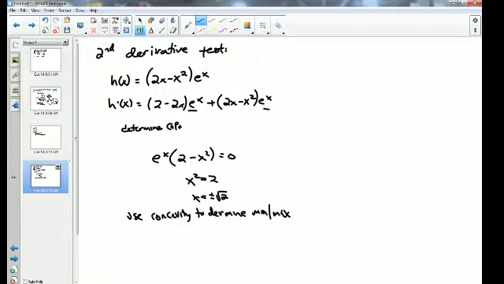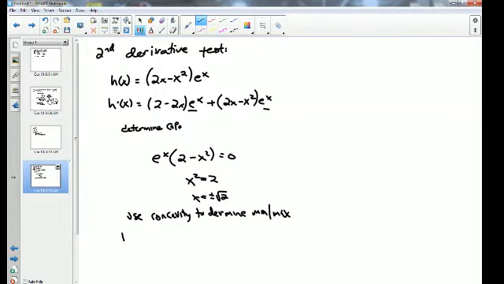That's what I would default to. But sometimes they'll give you the second derivative and they'll give you the critical points. And you can't do a sign analysis, so your job is to plug those into the second derivative and determine concavity.